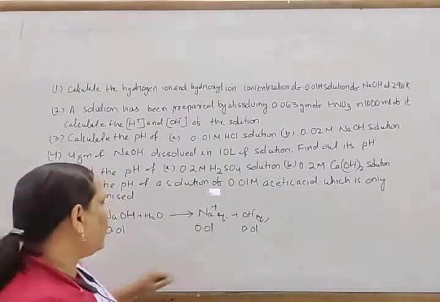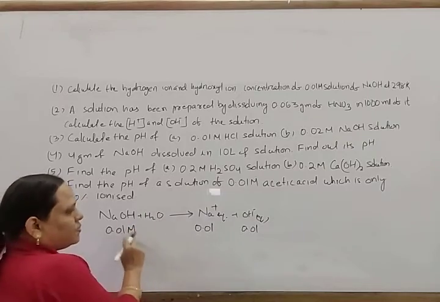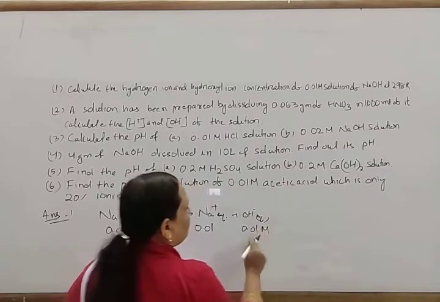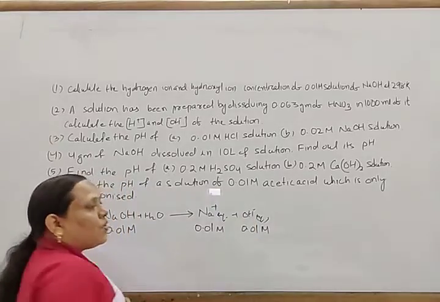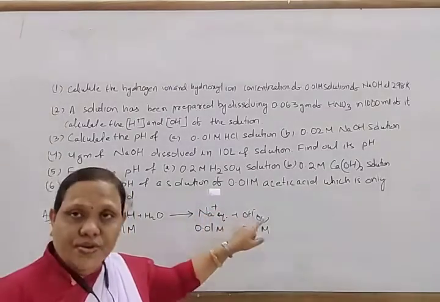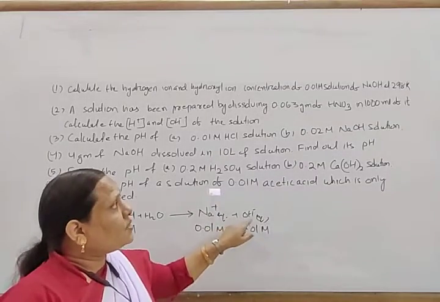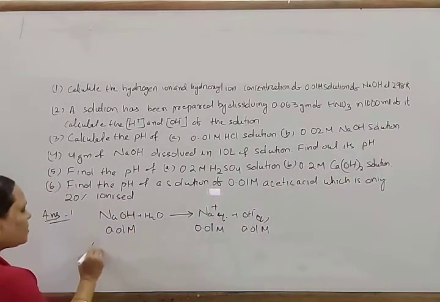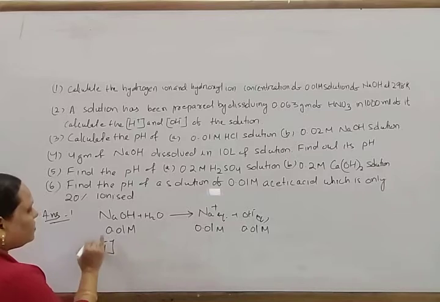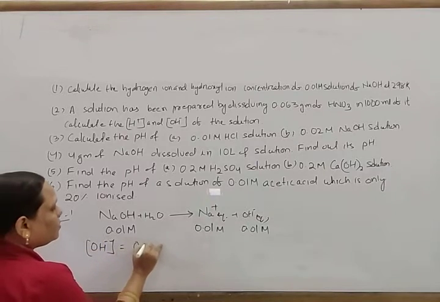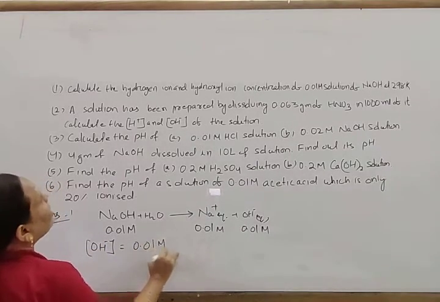So 0.01 moles per liter of OH- ion, that is called the hydroxyl ion concentration. The OH- concentration is 0.01 M.